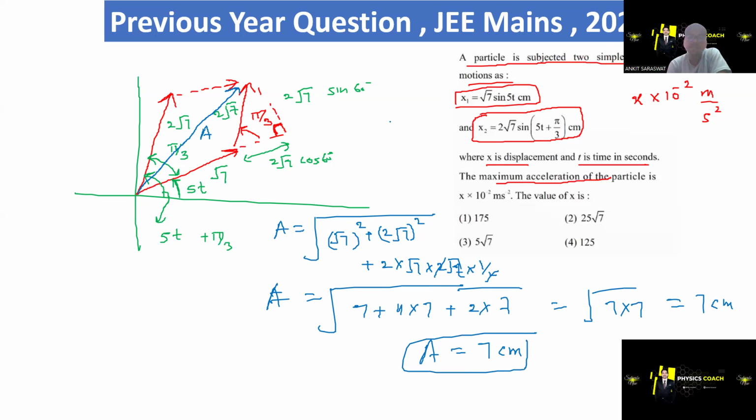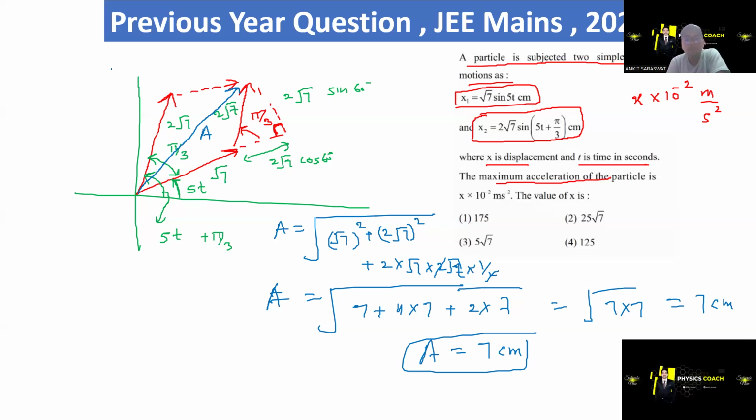So any particle which is subjected to two simple harmonic motions will move in the resultant SHM direction. It will also be displaced accordingly. So the particle is subjected to simple harmonic motions x1 and x2. We will find the resultant of these two, which is also SHM, and the particle undergoes that resultant SHM.